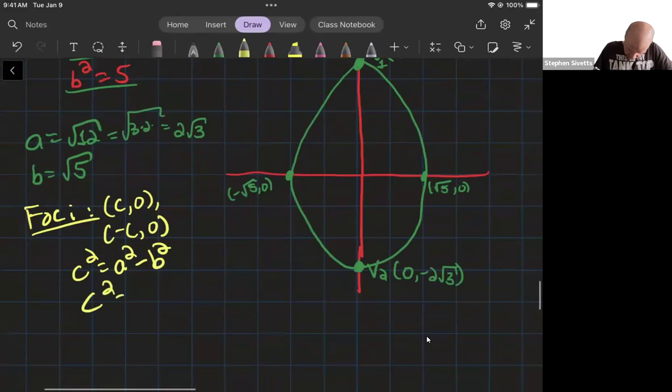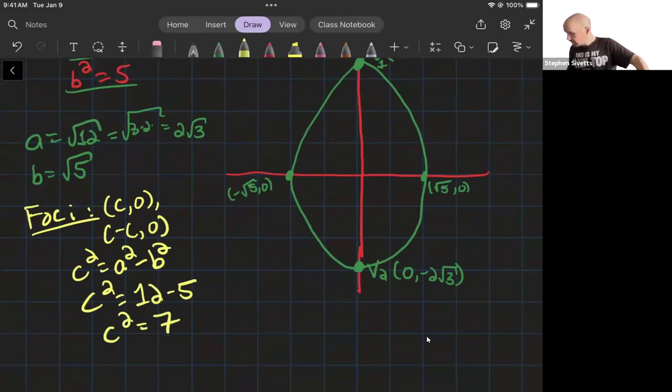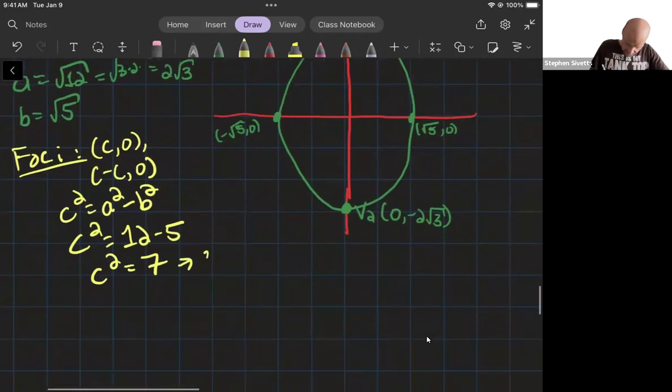So C squared was equal to 12 minus 5, and so C squared is equal to 7. To figure out what C is, it's the square root of 7, right?